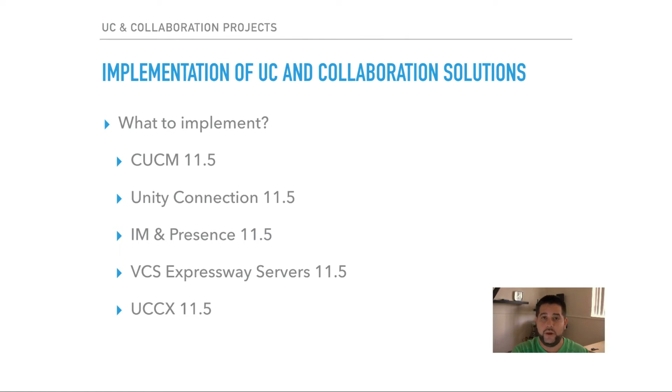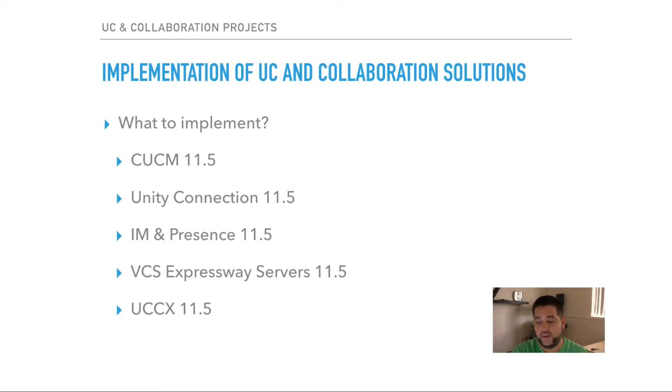We're going to go very basic into the basic configuration aspects of all of those, and then we're going to move to the advanced things. We're going to move into advanced user features in Call Manager. We're going to see how to integrate Unity Connection with voicemail, how to do the PIN syncing with Call Manager.